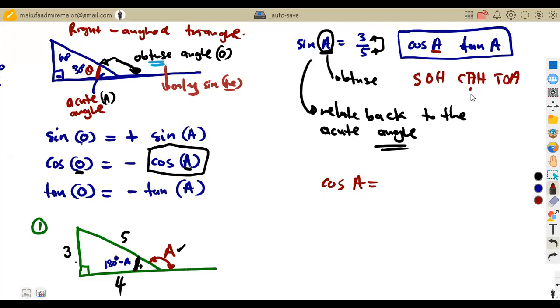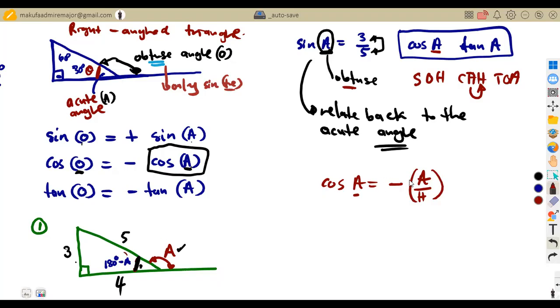The cos being adjacent over the hypotenuse, but this time this A that we are relating is an obtuse angle. So it is going to be minus, because the cos of the obtuse angle is equal to minus the cos of the acute angle. The adjacent over hypotenuse is taken from the ratio of cos, which is the cosine of the acute angle, the one that is inside.